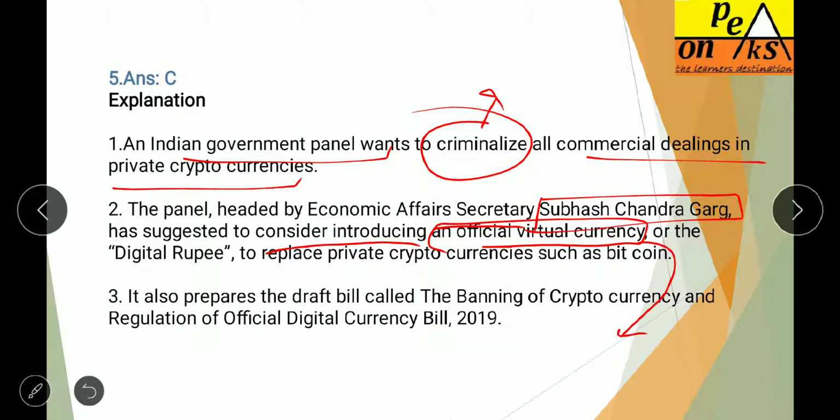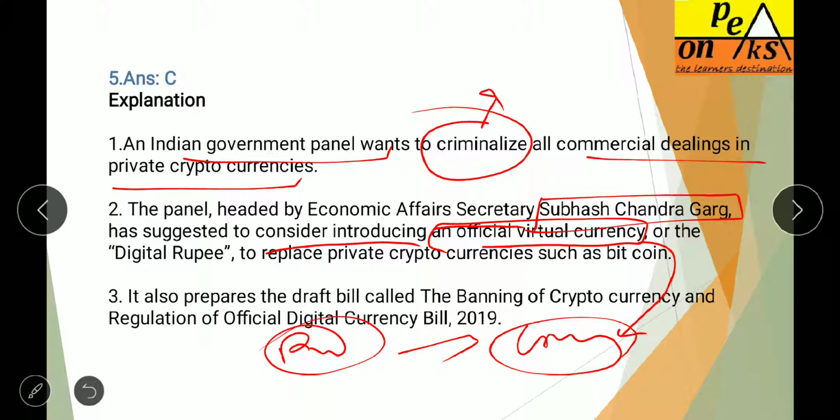Till now, the cryptocurrencies in India are backed by private agencies. So now this committee wants to create a virtual currency which is backed by the government, or a digital rupee, to replace private cryptocurrencies such as bitcoins.